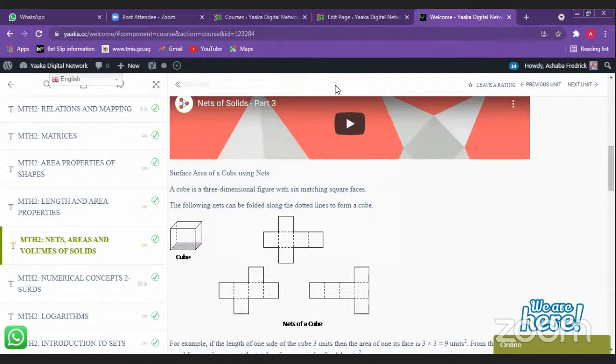It will be length times width, but specifically for a square, because it has all the sides equal, it is better for us to say its area is equal to side times side, because all the sides are equal.